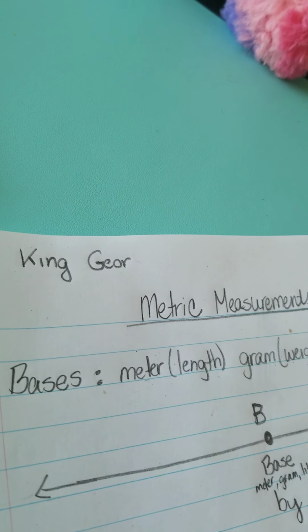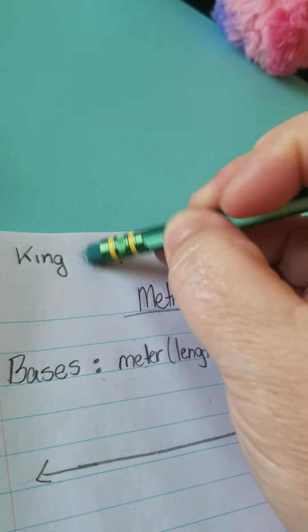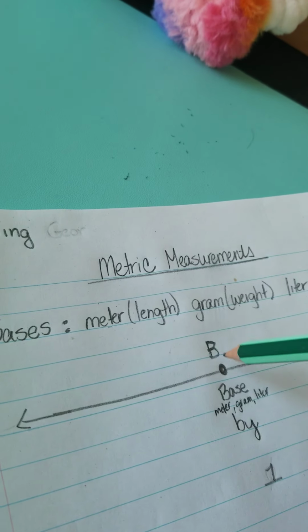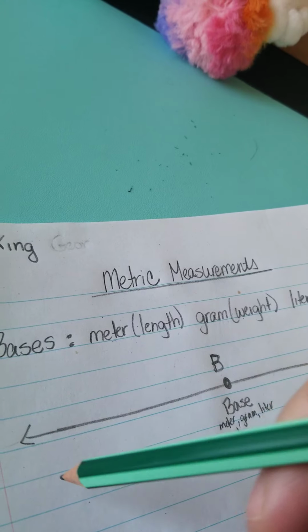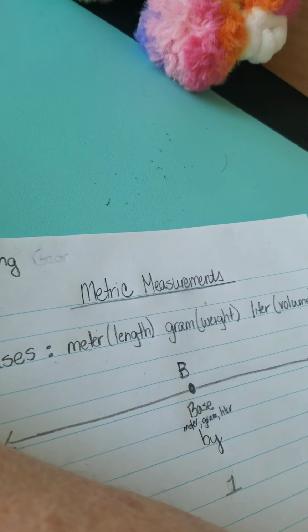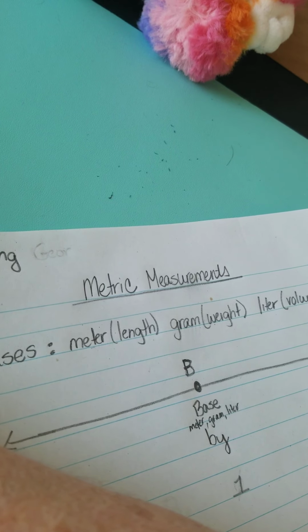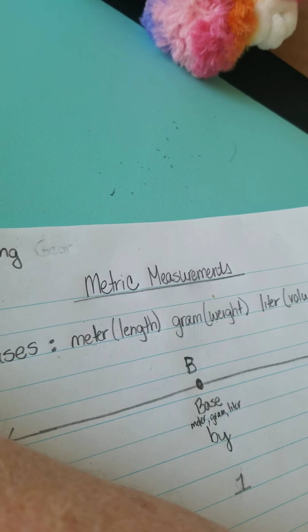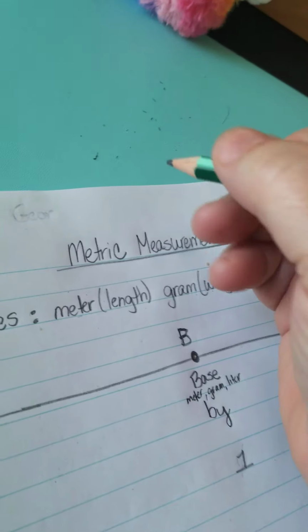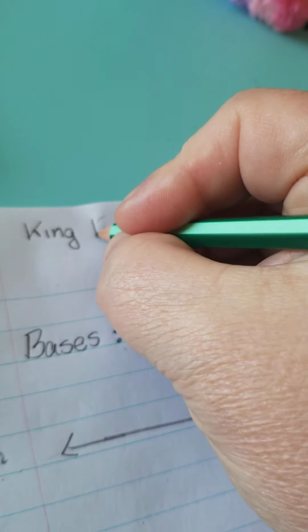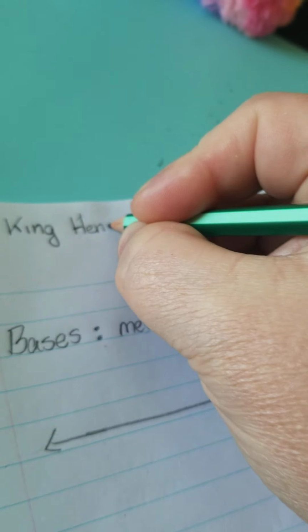Let me see here. Goodness, look, I'm already confused. It would help if I could remember it myself, right? It's not King George. I have King George because I'm thinking social studies. Nope, King Henry.